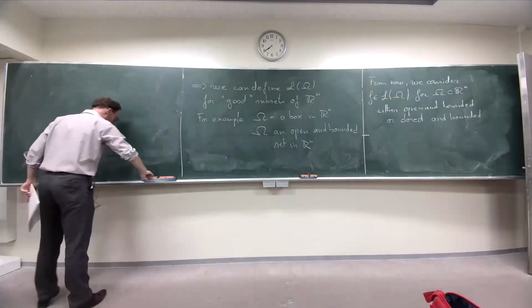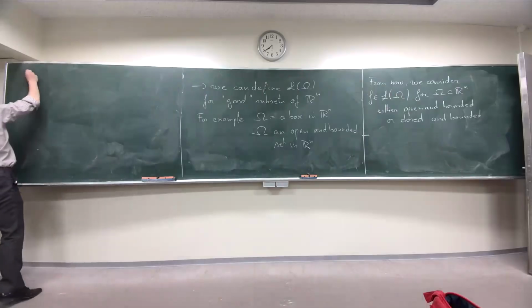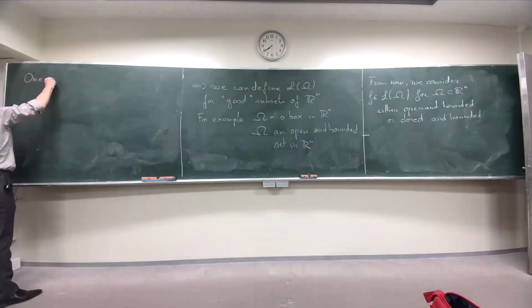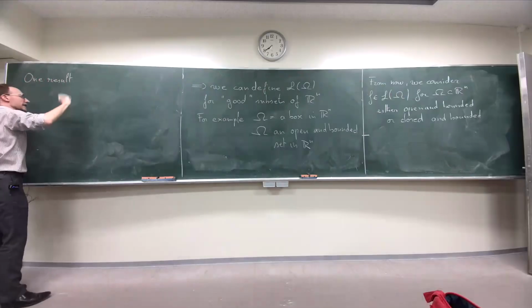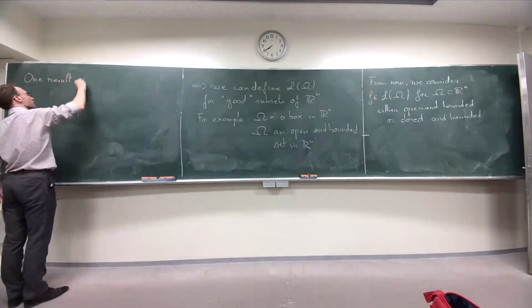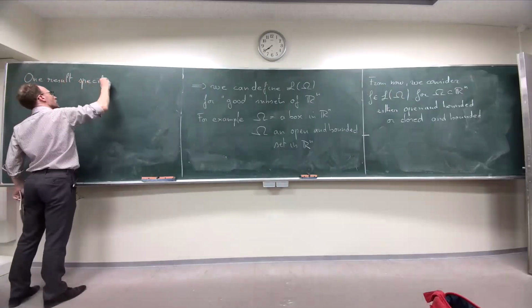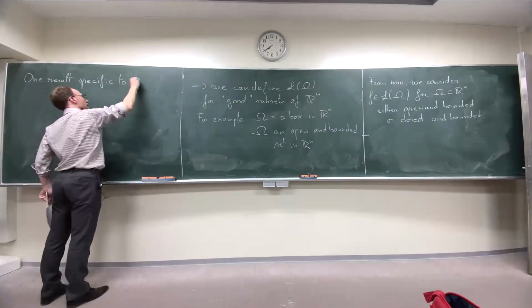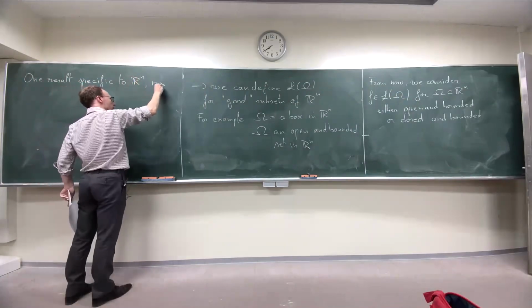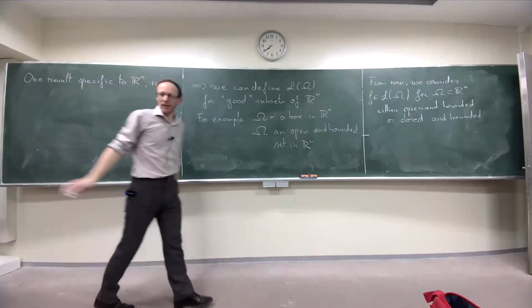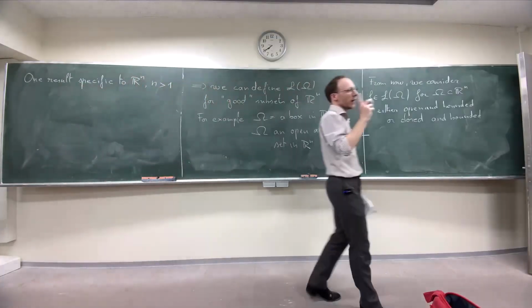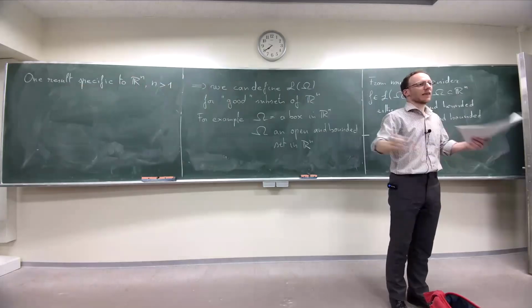It's called Fubini's theorem. It is one result specific to Rn, for n strictly bigger than 1. In R1, it doesn't say anything because you have only one variable. I want to exchange the variables.